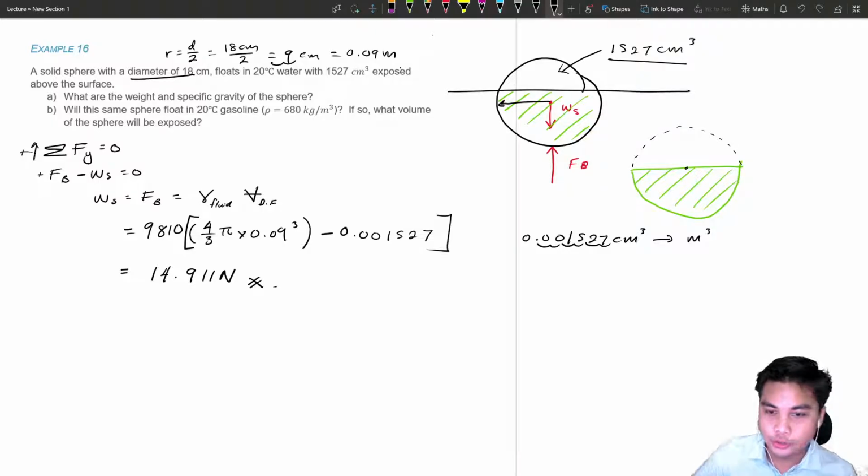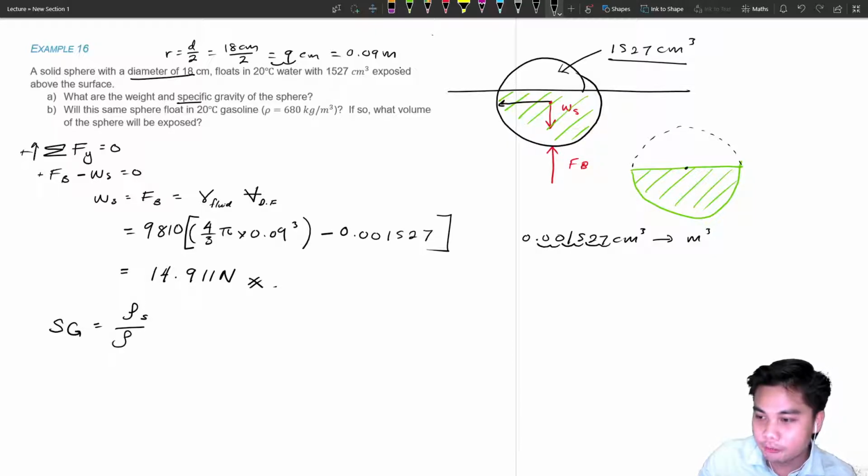Once you get this value, you need to find the specific gravity. The specific gravity equals the density of the sphere over the density of water. The density of water we already know is 1000.